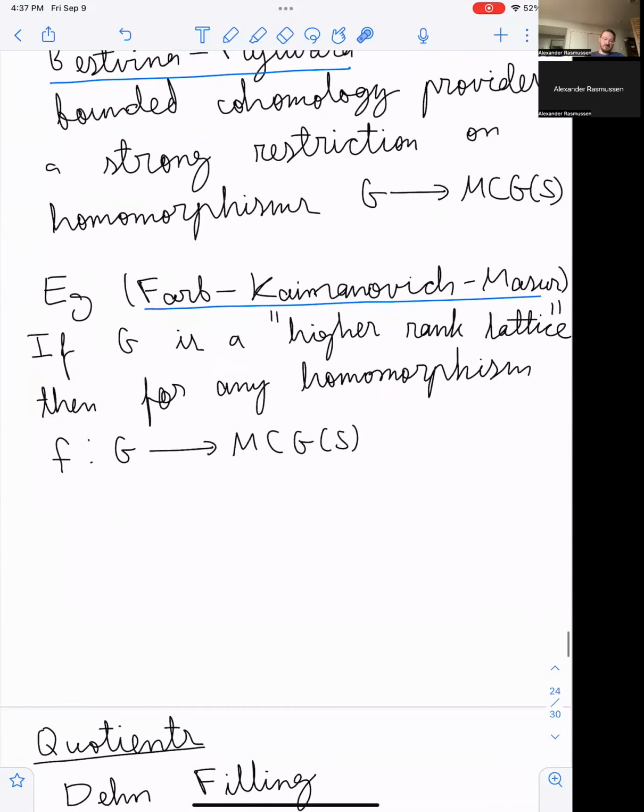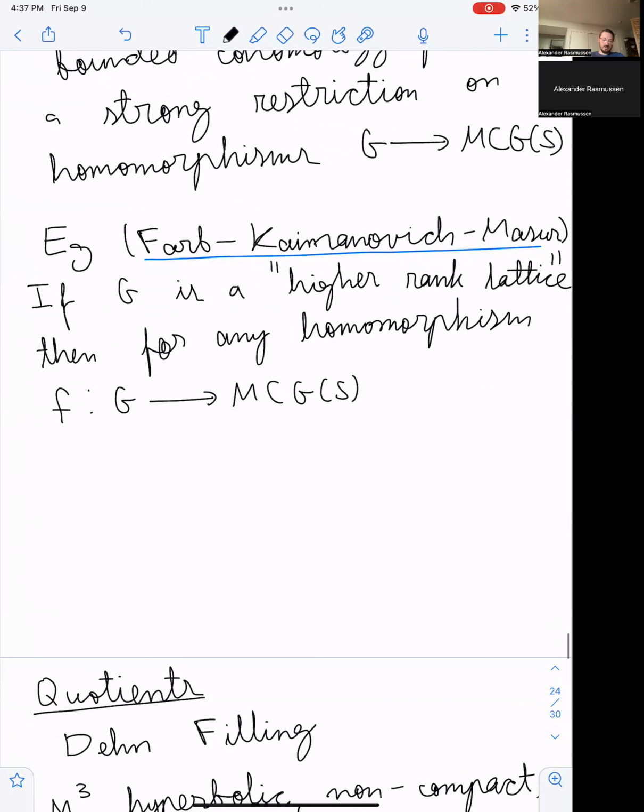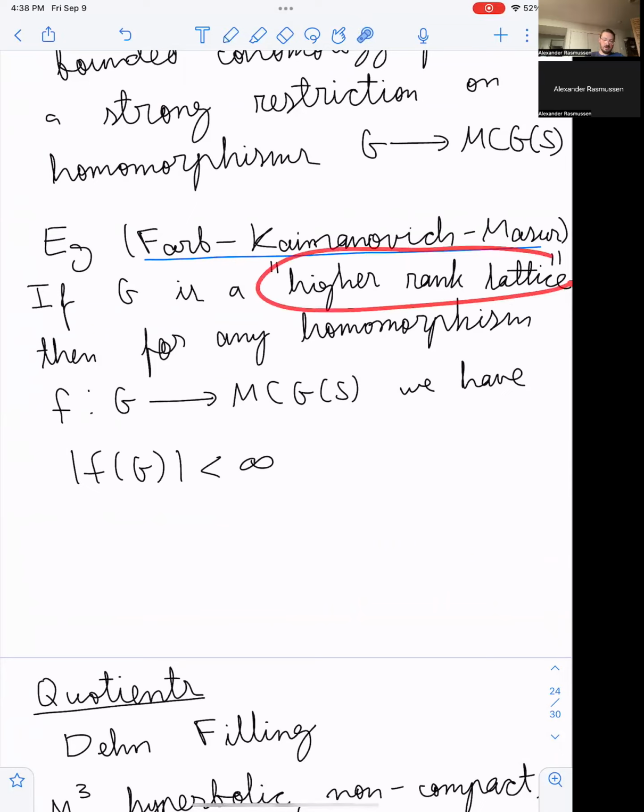And Farb, Kaimanovich, and Masur say no. In fact, for any homomorphism from a higher rank lattice into a mapping class group, the image is finite. So there are no really interesting homomorphisms from higher rank lattices to mapping class groups. I'm putting higher rank lattice in quotation marks here because you have to define what you mean by that. So there are certain hypotheses that I don't have time to state.